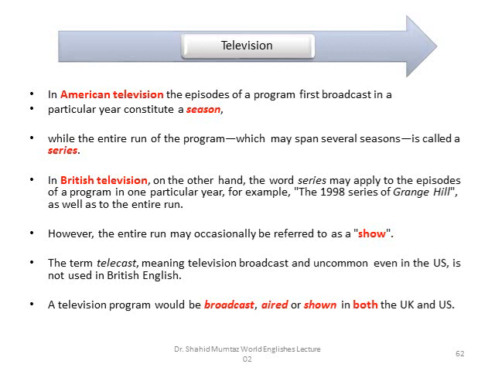While the entire run of the program, which may span several seasons, is called a series, if it is spread over several years. In British television, on the other hand, the word series may apply to the episodes of a program in one particular year, for example the 1998 series of Grange Hill, as well as to the entire run.